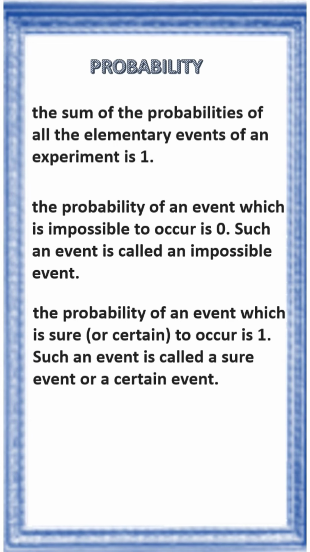Such an event is called a sure event or a certain event. P of A is equal to n of A upon n of S. I hope you have understood all the concepts, definitions, and formulae.